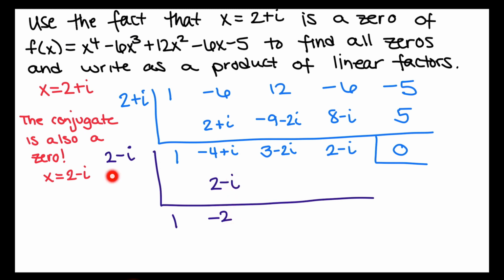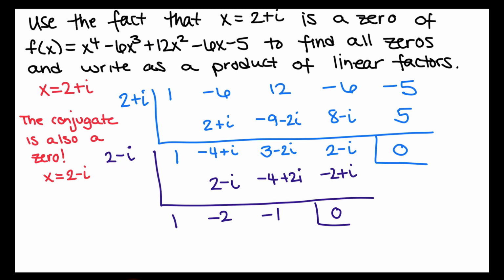So we'll do negative 2 times 2 minus i, which should be negative 4 plus 2i. The i's cancel out again, and I'm left with negative 1. Negative 1 times 2 minus i is negative 2 plus i. That adds up to 0, as it should, because 2 minus i is also 0.